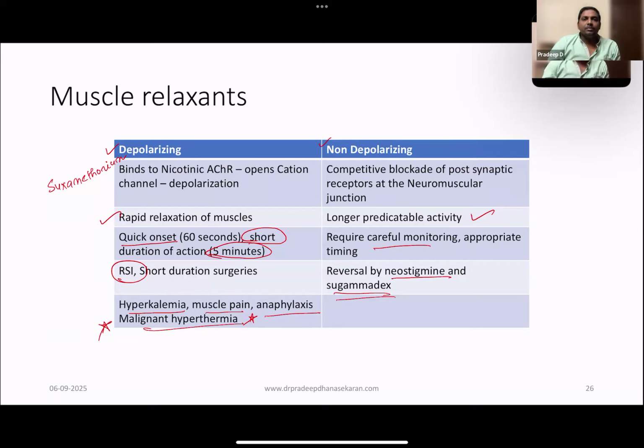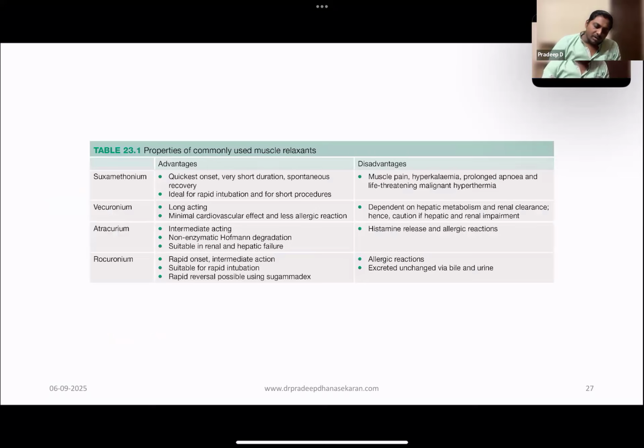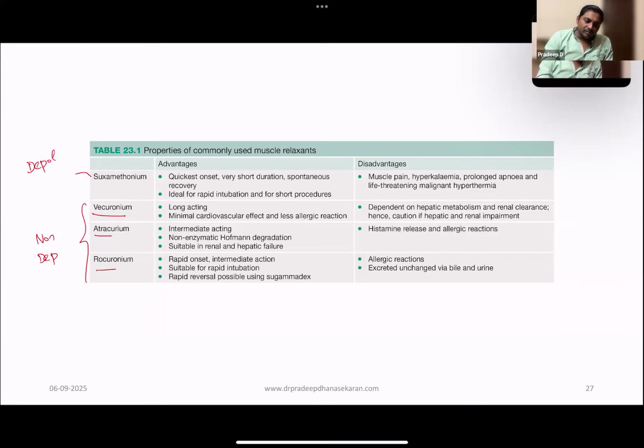For rapid sequence intubation, people used to give suxamethonium, and then maintain the muscle relaxation with vecuronium or atracurium. These are the common drugs: vecuronium, atracurium, rocuronium. These are non-depolarizing. Suxamethonium is a depolarizing muscle relaxant.